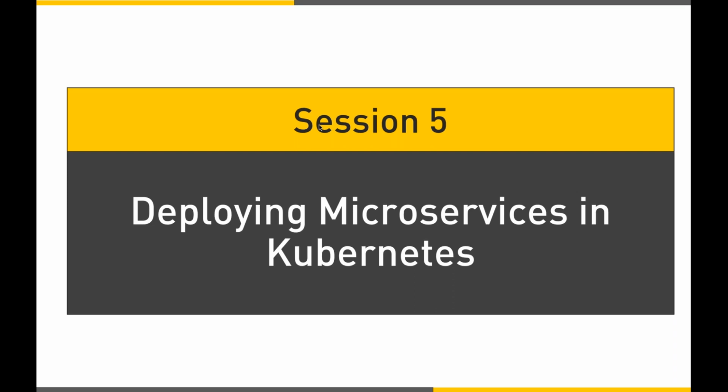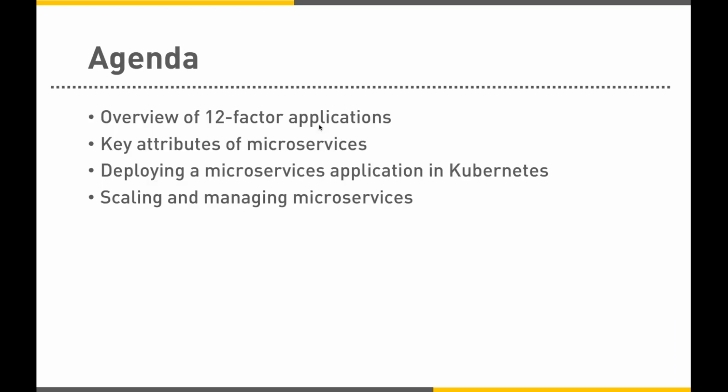So let's get started. I'm going to talk to you about a methodology for developing a contemporary new breed of applications, and they're called the 12-factor applications. While this concept in itself is pretty comprehensive, I want to touch upon that, and I'll leave you with the link where you can explore further.